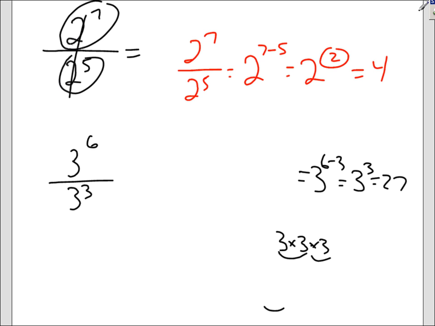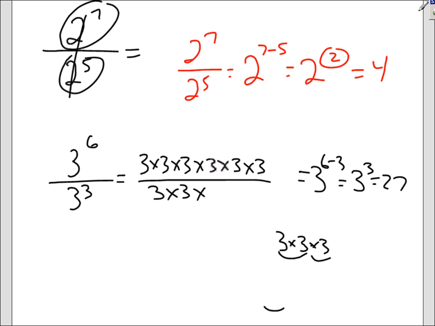The reason that's the correct answer is you have 3 to the 6 on top being multiplied, 3 factors of 6, and you have 3 to the 3 on the bottom. We're multiplying the 3, so it makes 3 factors. In the bottom, we have 3 of them.